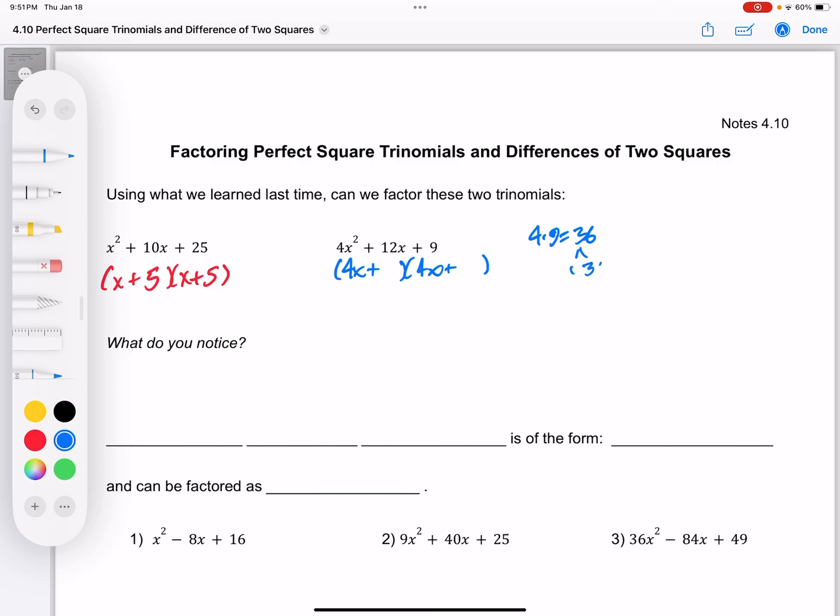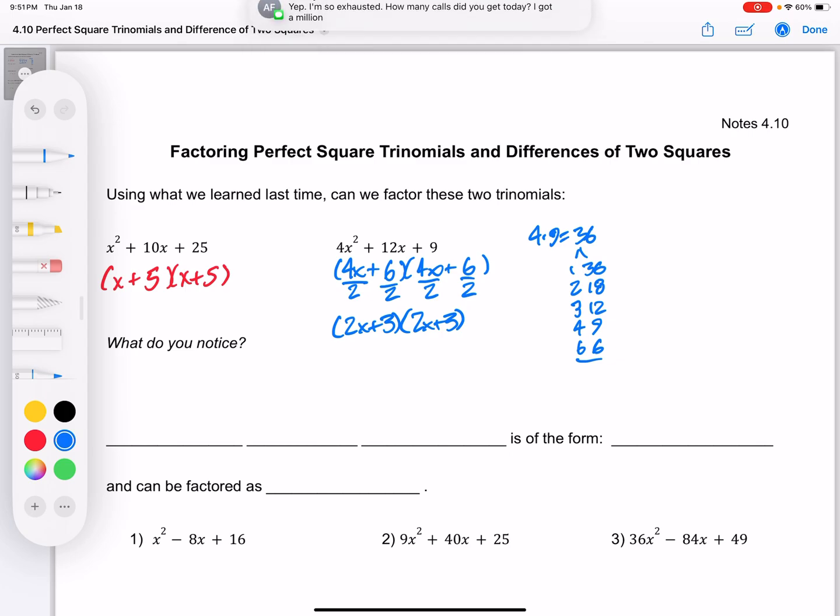So 1 and 36, 2 and 18, 3 and 12, 4 and 9, 6 and 6. There it is, it's 6 times 6. So 4x plus 6, and now we look at our common factors, our GCF. So we're going to divide both of these by 2, and that gives me 2x plus 3, 2x plus 3.